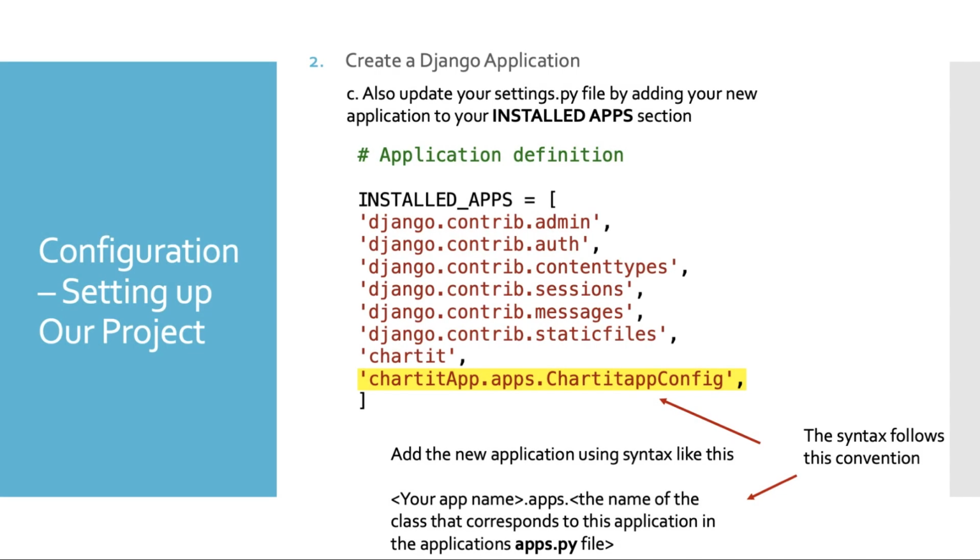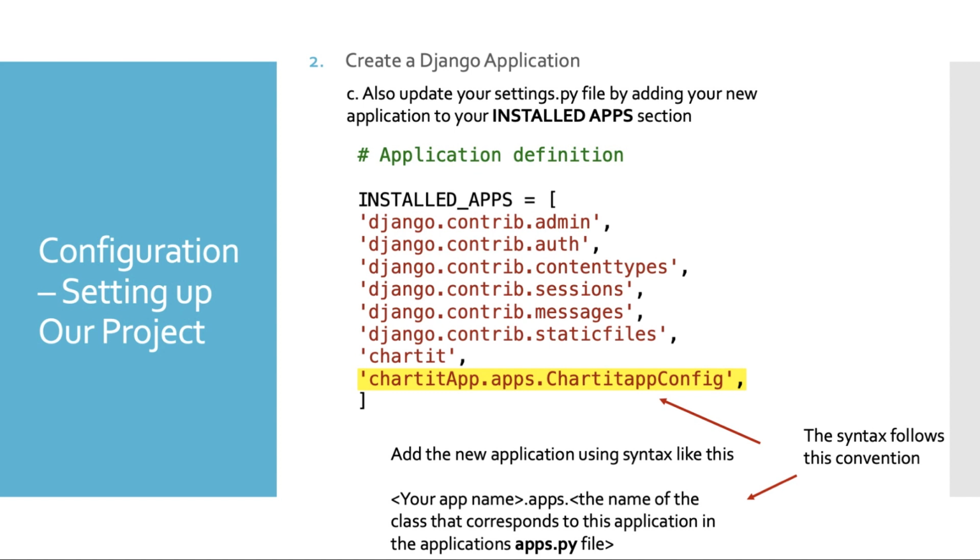Don't close that settings.py file too fast. We're also going to update it by adding our new application name to the INSTALLED_APPS section. So right below that chartit entry with the trailing comma, we're going to add, now this depends on what you called your application, but the syntax will be your app name dot apps dot the name of the class that corresponds to this application in your application's apps.py file.